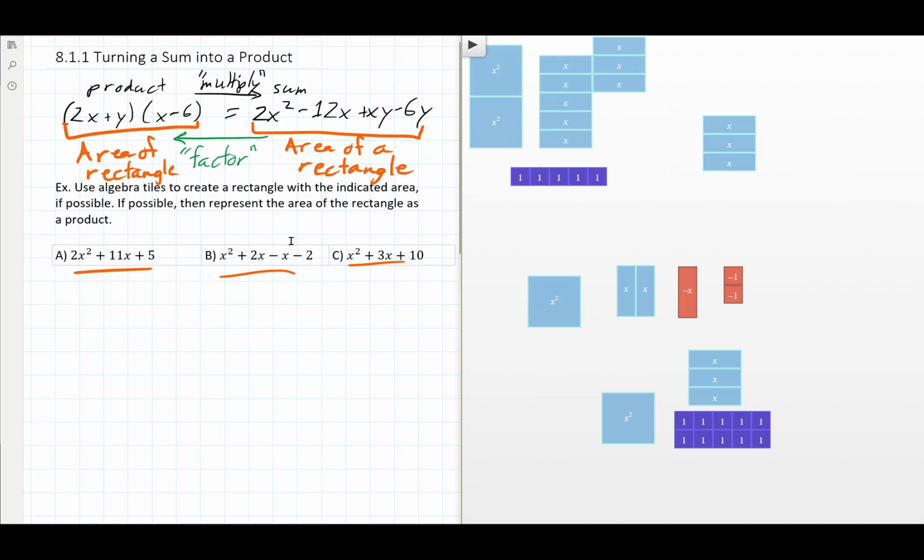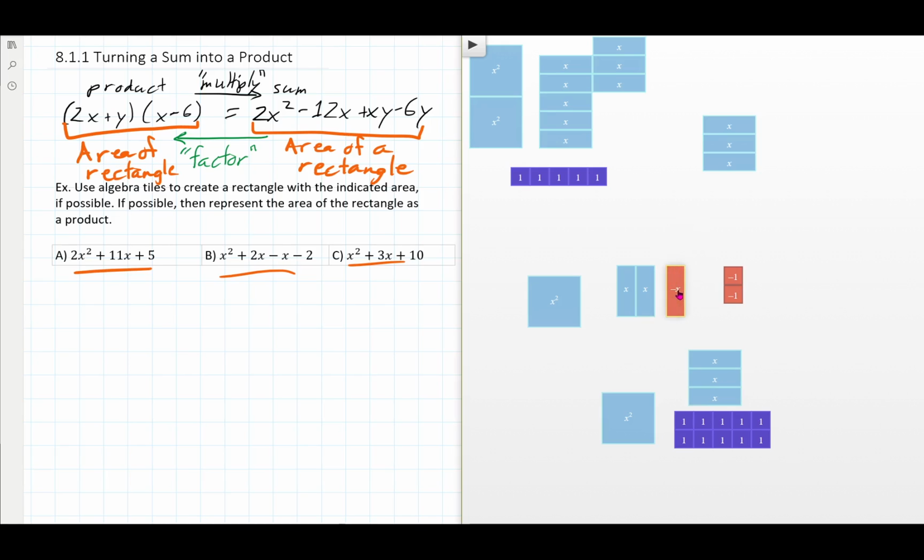For this one, since we're going to use negative tiles here, one side on this guy, these are both length 1, but one of them might be negative 1. It actually doesn't matter, but we'll see those in a second here. Same thing with this one. It could be negative x by positive 1, or it might as well also be negative 1 by positive x.